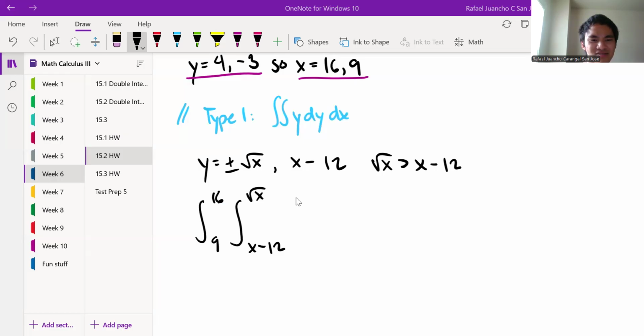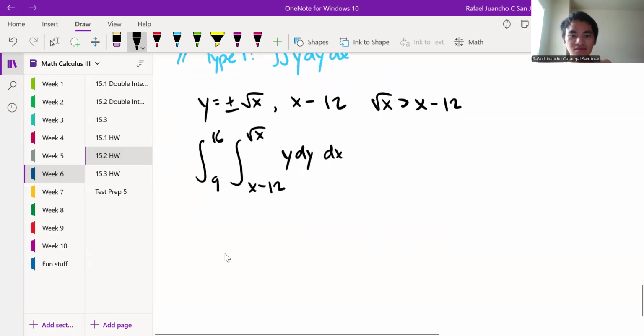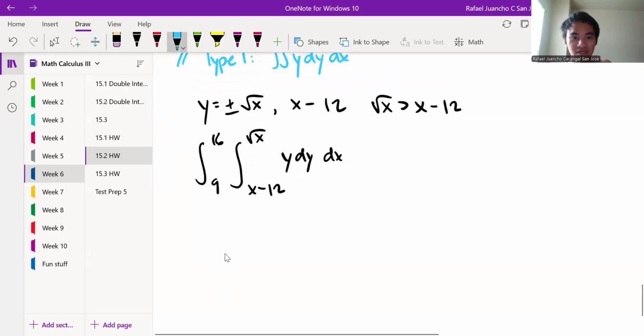That's so confusing. Okay, let's not rely on that one. So here I have 9 to 16, x minus 12 to the square root of x, right? And this should give me that value, y dy dx. Then that's my iterated integral.